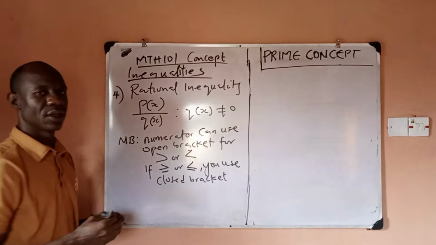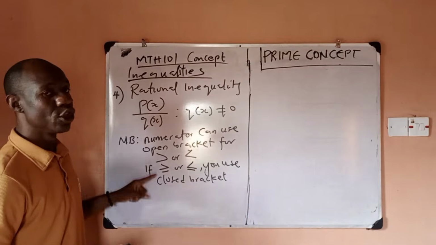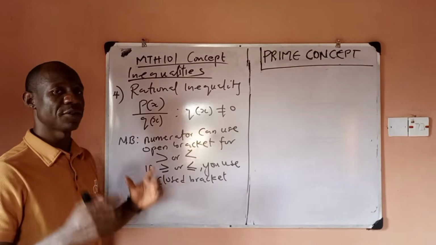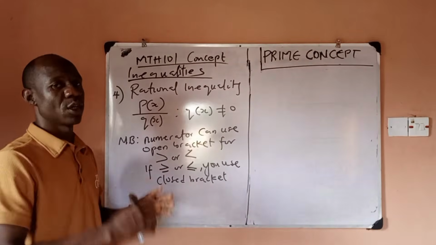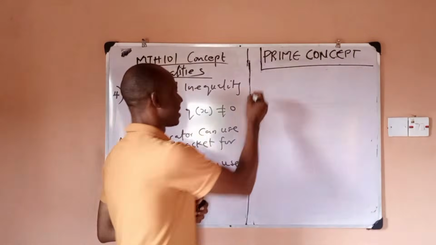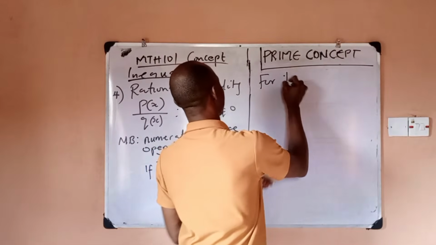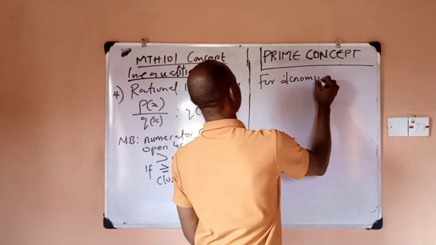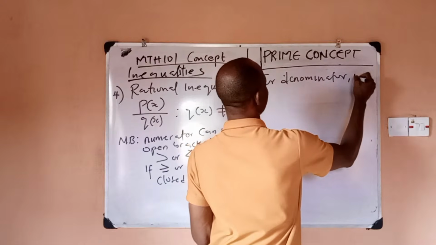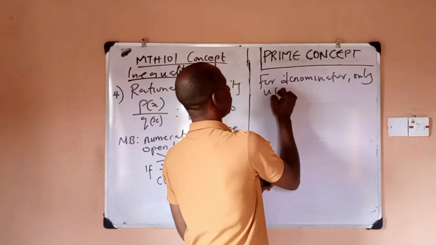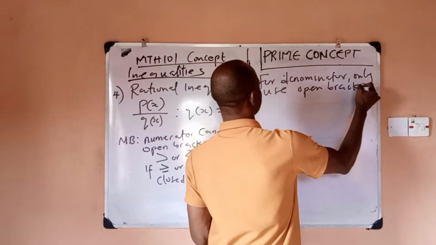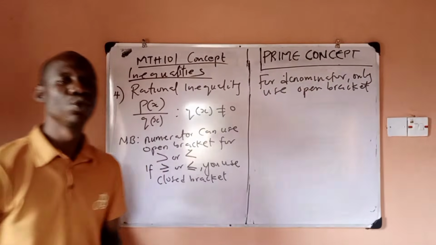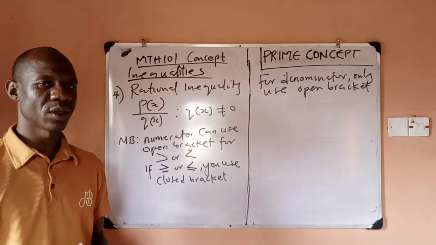So for your numerator, you can use an open bracket or a closed bracket. But for the denominator, you would only be allowed to use what? Only an open bracket.